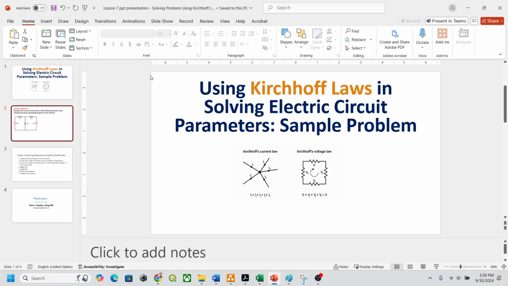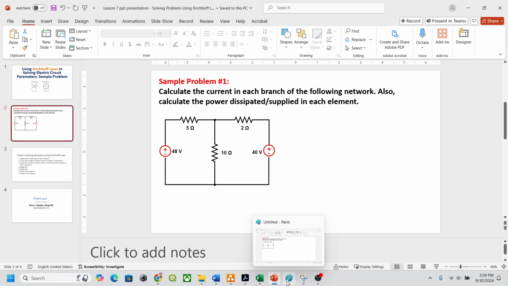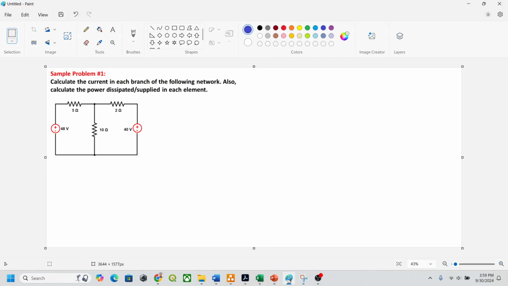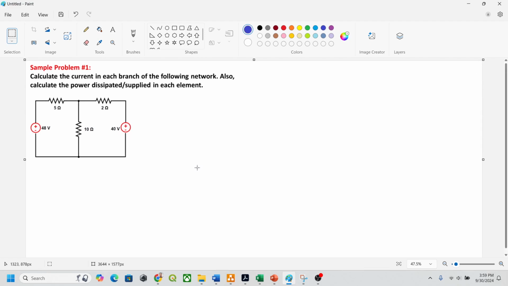I have prepared something here in Microsoft Paint. This is basically the problem we have. For the first step, we need to label its corners or nodes.